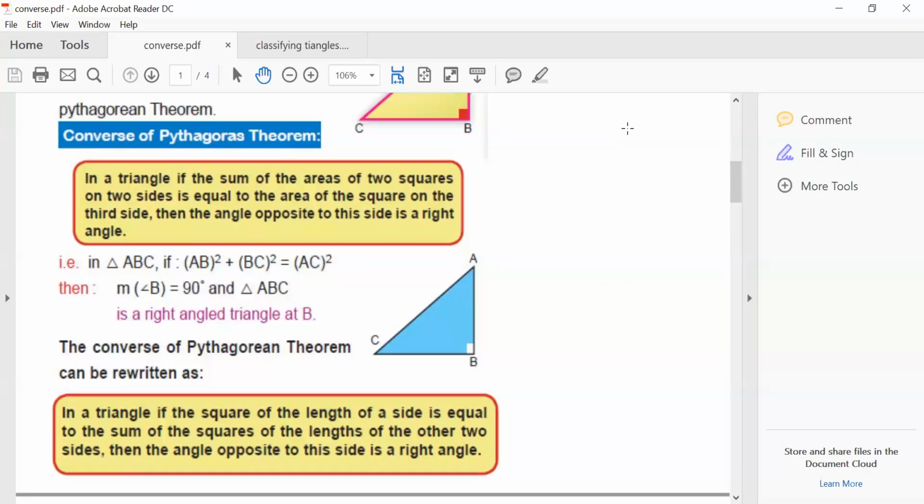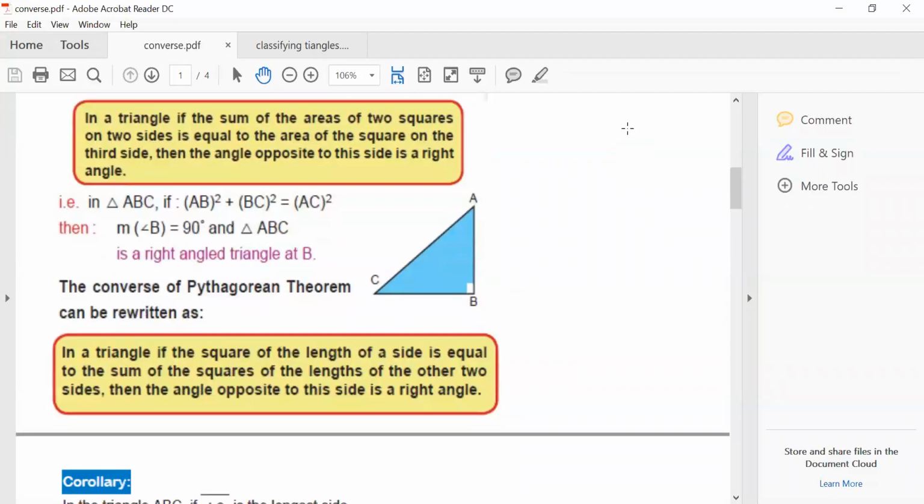And if I have ABC, okay, and I got AC, the longest side, I will have the 3 sides. For example, this is any 3 sides, 10, and this is 6, and this is 8. This is not a right angle till now. Okay, I have any 3 sides, and I want to prove that the angle opposite to the longest side is a right angle.